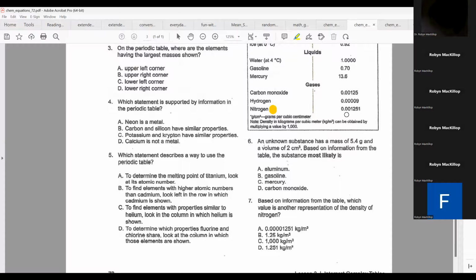So you take that 0.001251 times 1,000. Can you repeat that, please? Yes, take the 0.001251 and divide it by 1,000.